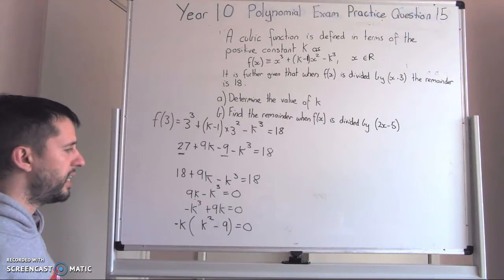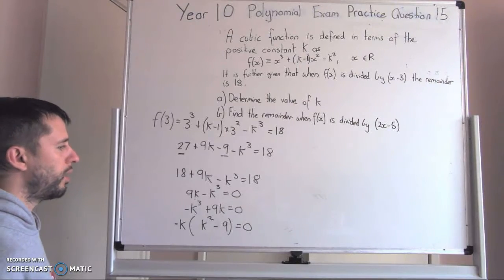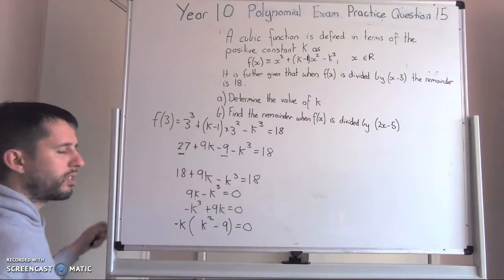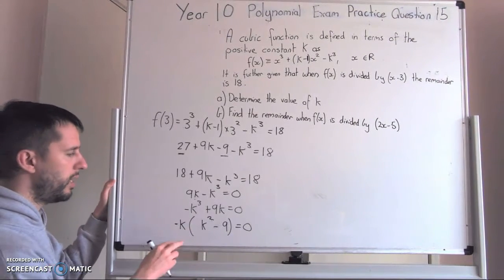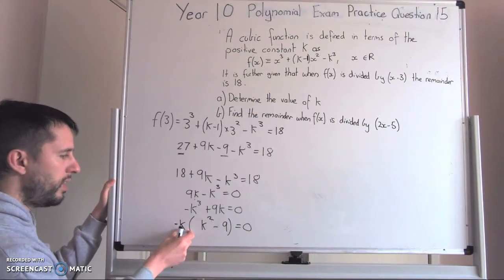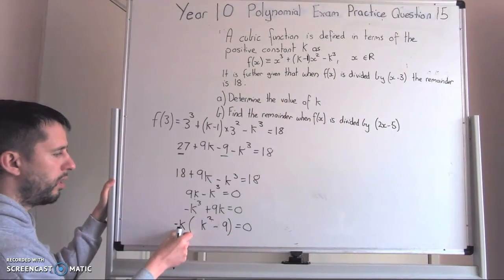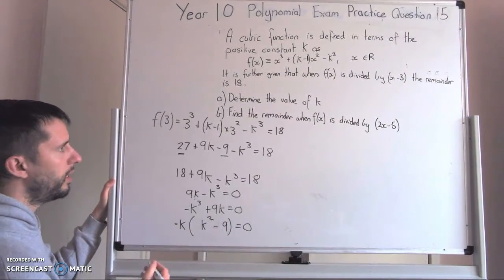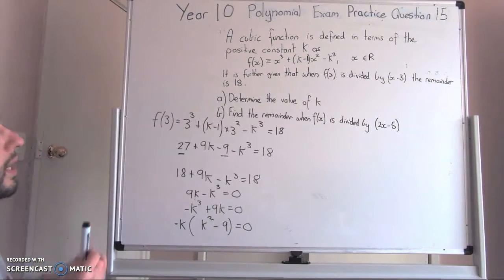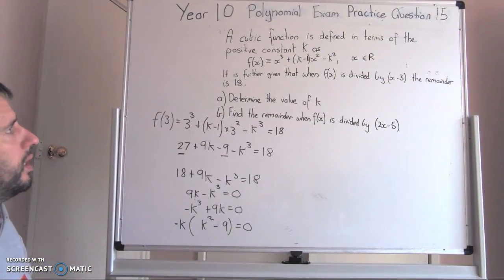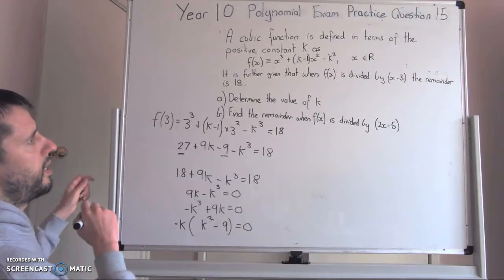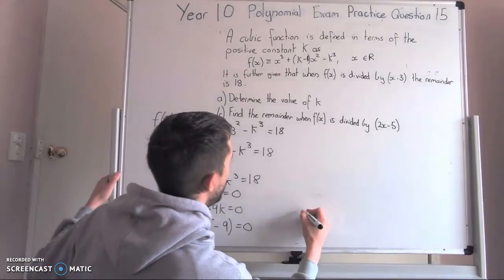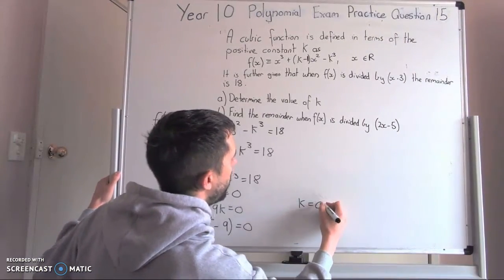So the next thing I need to do is work out each of these because I need them both to equal 0. If this is 0, everything's 0. So k can be 0. But if we go back up, it doesn't say anything, so that's okay. So k is able to equal 0.